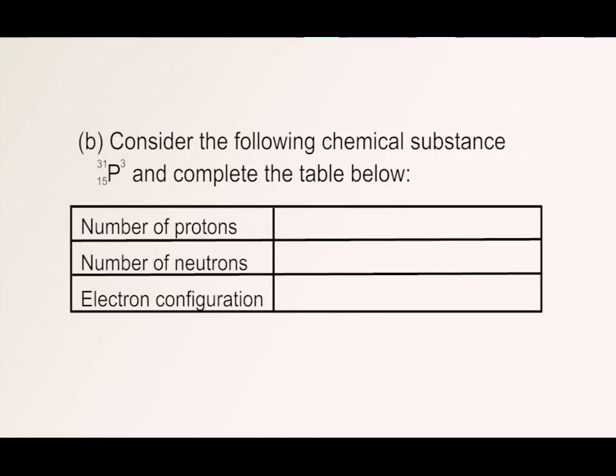C. Consider the following chemical substance: phosphorus with left-hand superscript 31 and left-hand subscript 15 and a charge of -3, and complete the table on your screen. You are expected to give the total number of protons, the total number of neutrons, and the electron configuration.